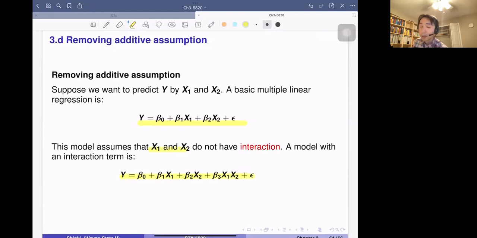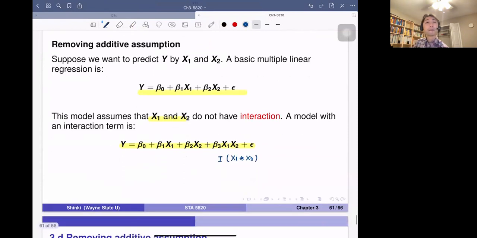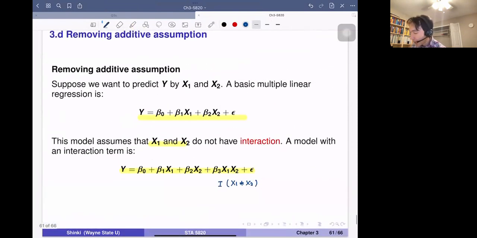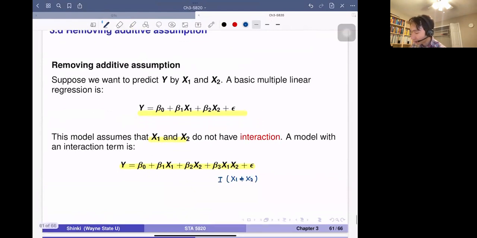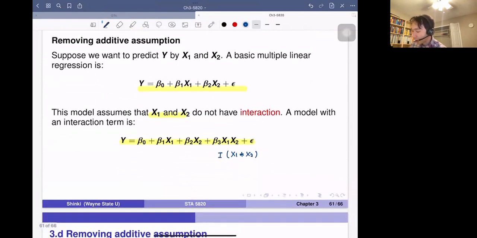So we can put x1 times x2 in as beta 3. I think you can put I of x1 times x2 in R to include this term. I may be necessary, may not be necessary. I'm not exactly sure. You can try this.